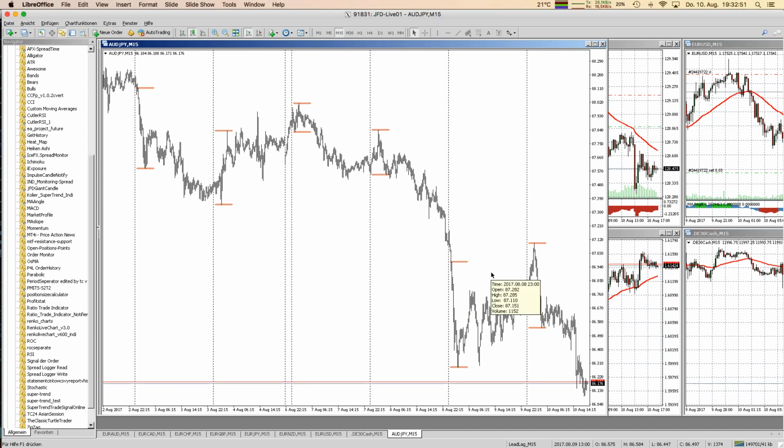Then within that day here, we would have had the situation that no trade would have been triggered. Here we would have had our 2 orders, but even that low here would not have triggered our trade. So at the end of the day, there would have been no trade. And today would look quite good.